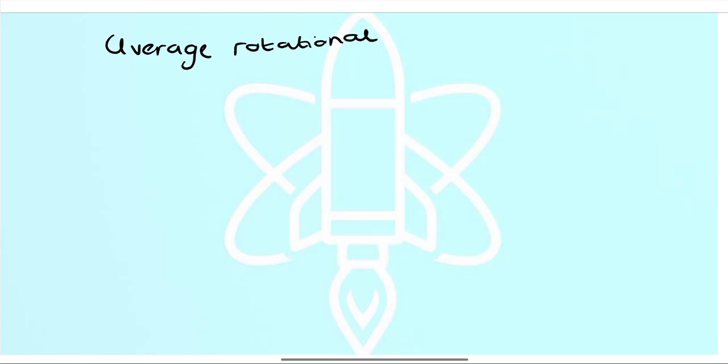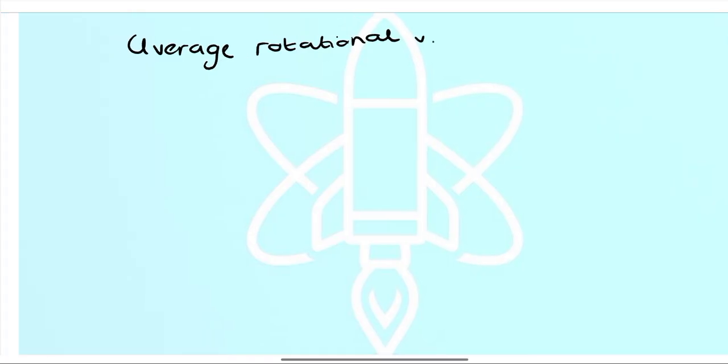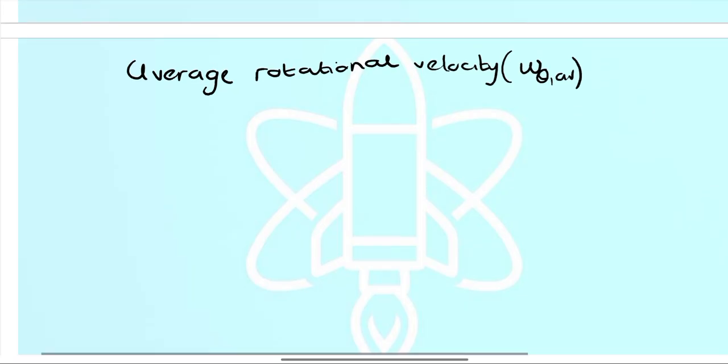Average rotational velocity is given by the letter omega theta. This quantity is equal to the change in rotational coordinate divided by the time interval during which this change takes place.